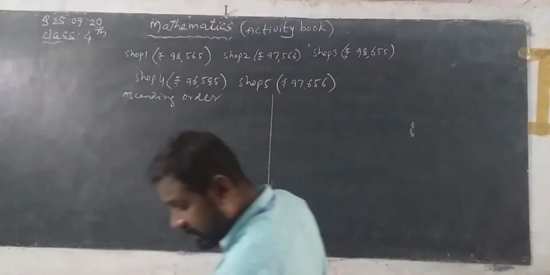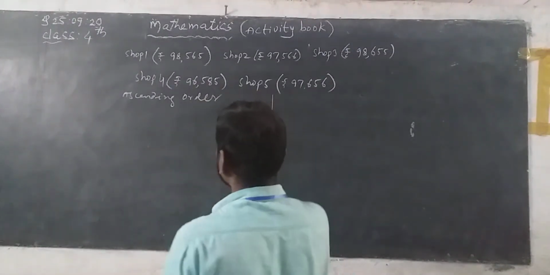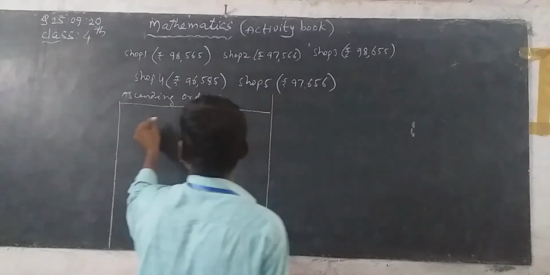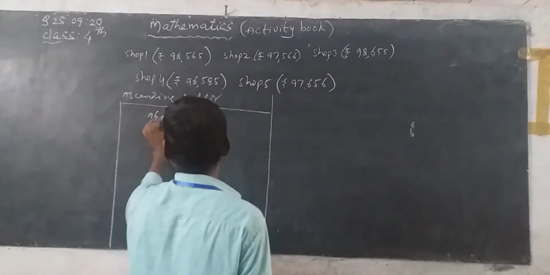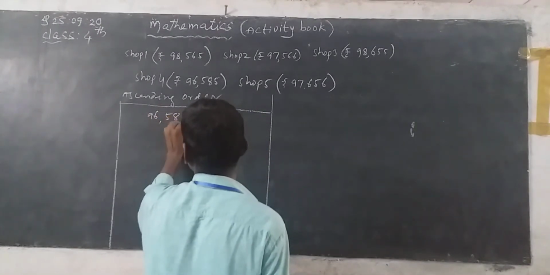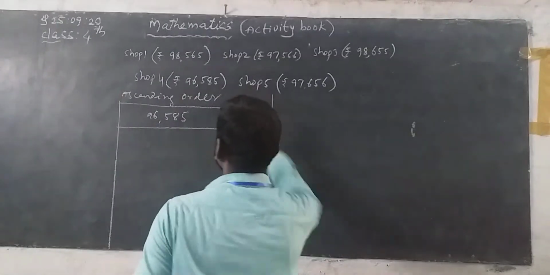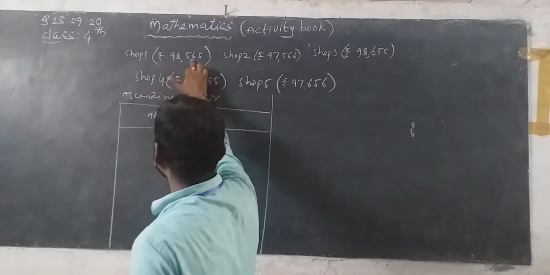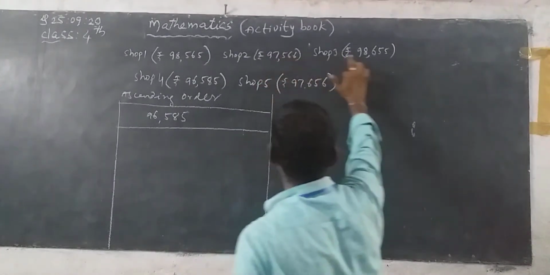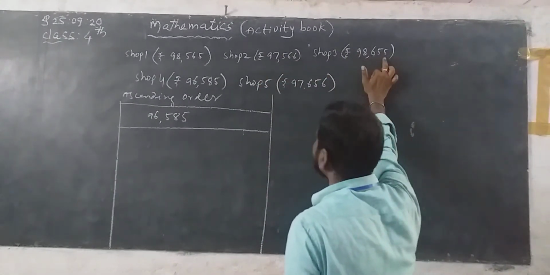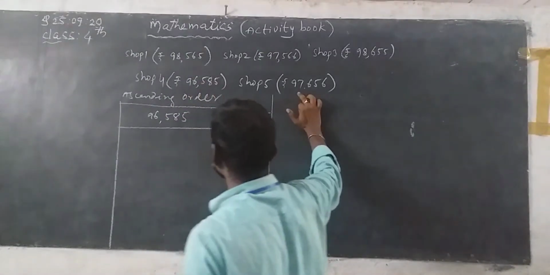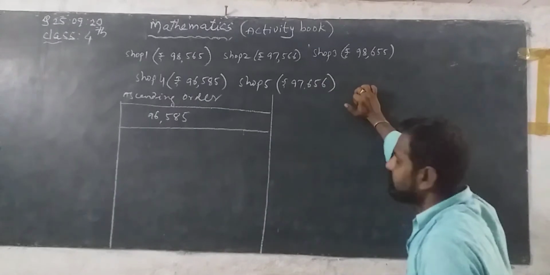So you can write here 96,585. See here, 98,565, 97,566, 98,655, 96,585, 97,656.